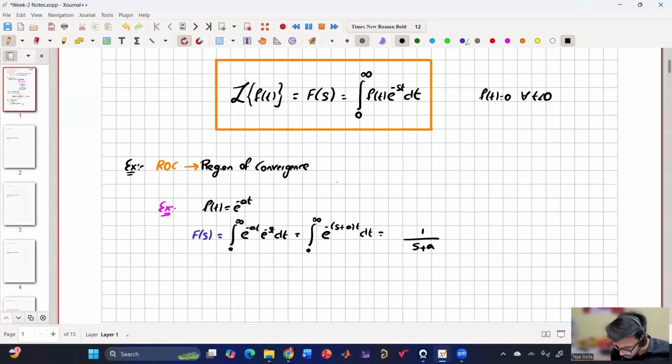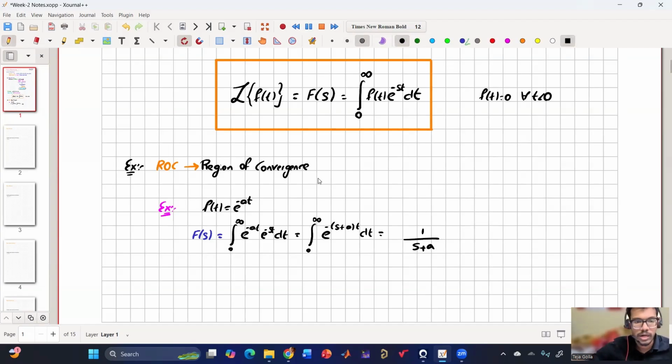So now if you consider this, 1 by s plus a into minus e to the power of minus s plus a, right? Or am I making any mistake? Just a minute, sorry.